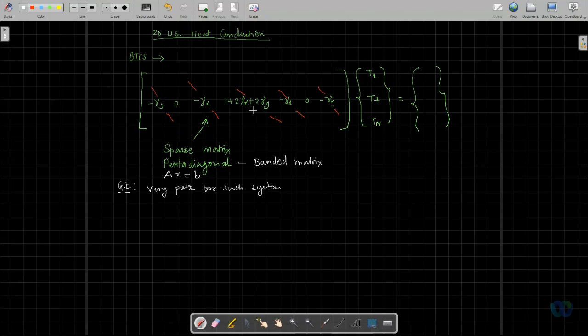The reason for this is that all zeros within the band become non-zero during the Gauss elimination process.